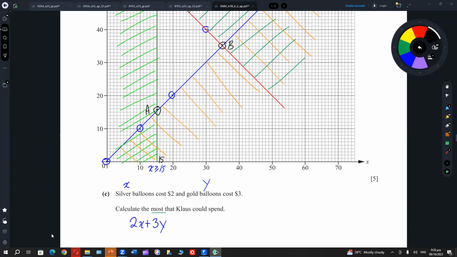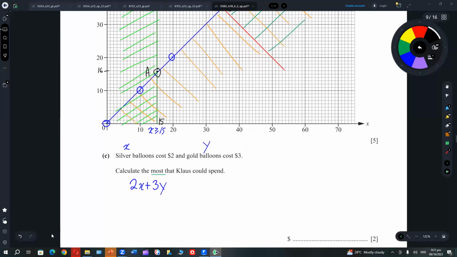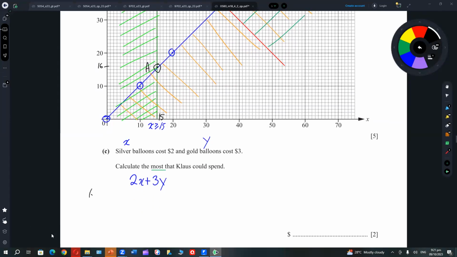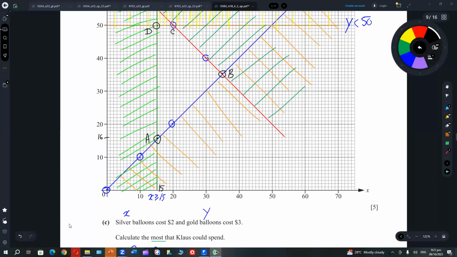So now start putting them one by one. First point is 15 comma 16. And the second point, I think it's 15 by 15.